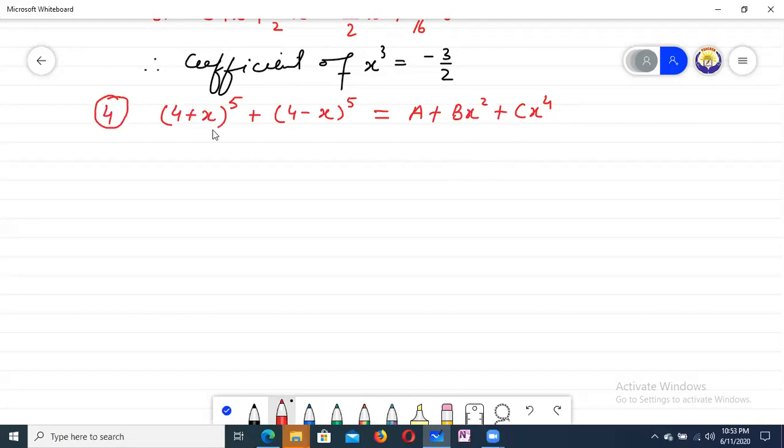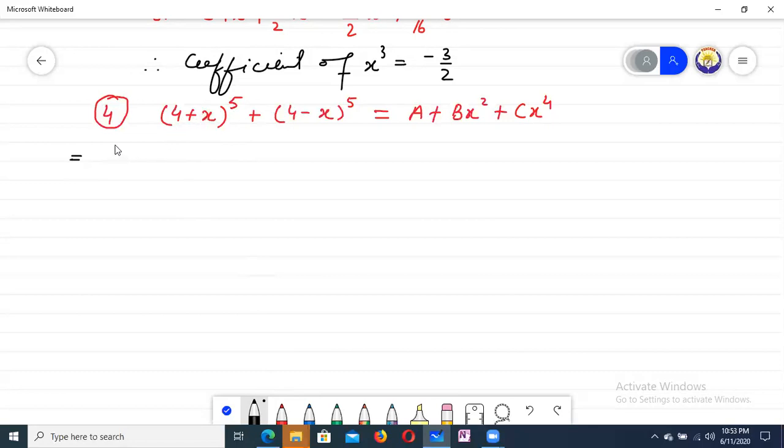It means we will expand these two binomial expansions, then we'll simplify, and at the end the constant coefficient will be a, the coefficient of x square will be b, and the coefficient of x raised to the power 4 will be c. Now we are expanding. Here (4 plus x) raised to the power 5.